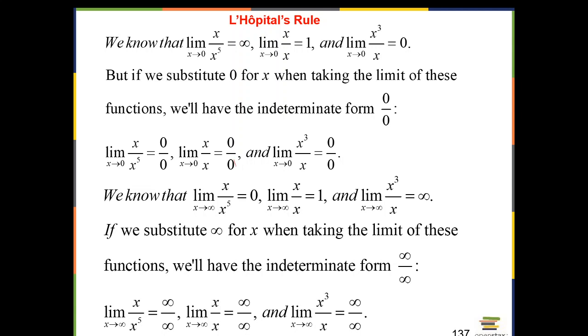The other one, x to the third over x, is just x squared, and it goes to infinity. Again, we have three different limits for the same structure. If we substitute, we get infinity over infinity, infinity over infinity. So those are two that are for sure indeterminate forms.